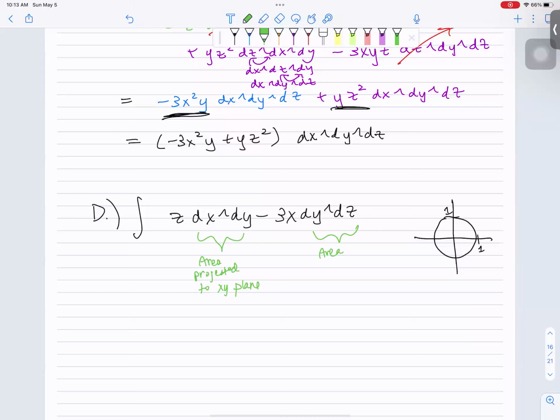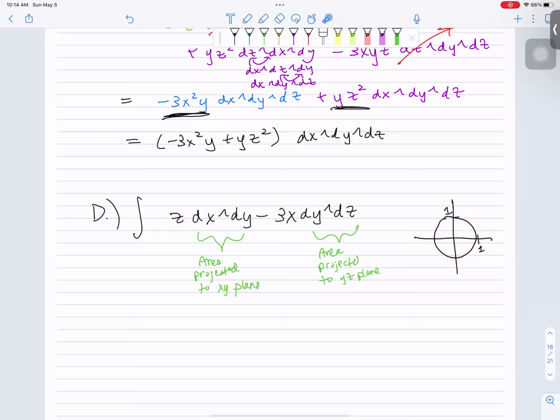That's the area projected to the yz plane. Usually what I would do is parameterize this circle, plug in the parameterizations here, whatever z is, whatever 3x is, and take the derivative, and that's how I get my wedge things. Now, since I'm only in the xy plane, it's a flat disk.